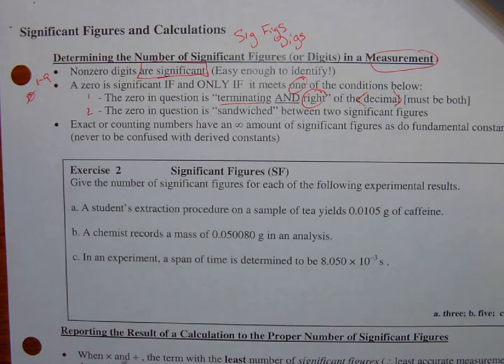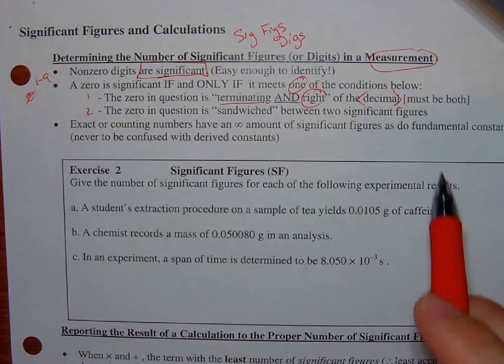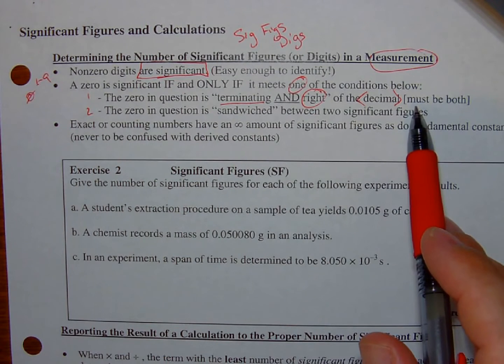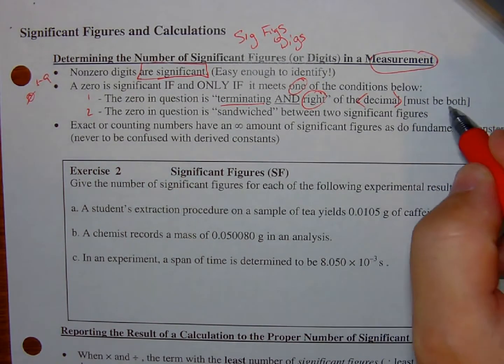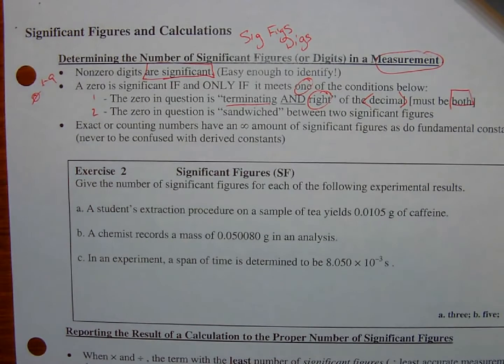So it has to be to the right of the decimal and at the end of the number, and it must be both. That is your circumstance.